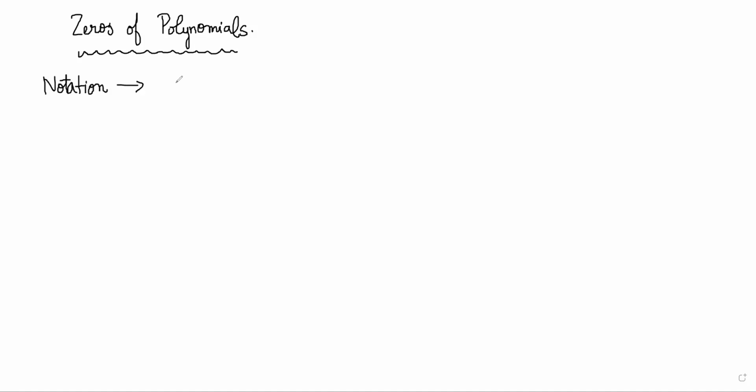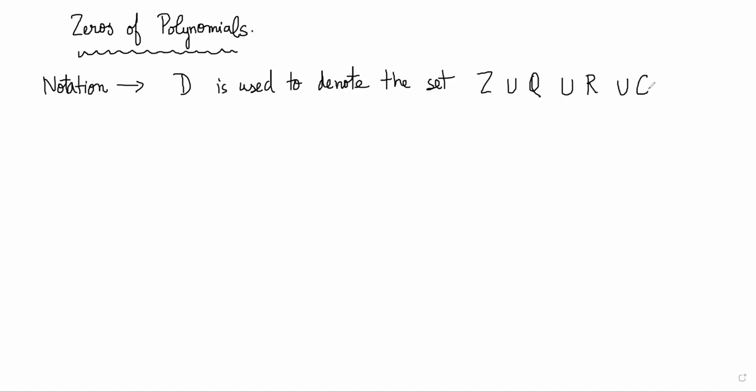The notation that we use here is D, used to denote the set Z union Q union R union C, because we don't want to keep saying set of integers or rational numbers or real numbers or complex numbers.